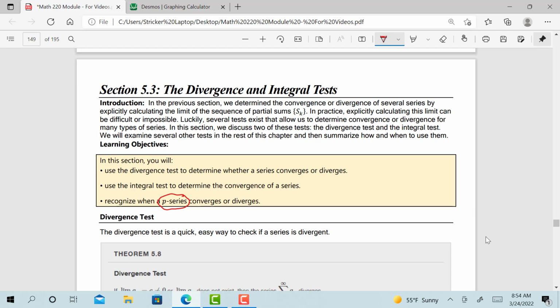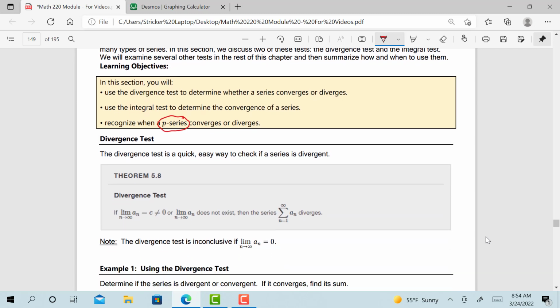So in this video, let's jump right into the divergence test, and we'll read what it says. In Theorem 5.8, the divergence test says: if the limit of a sub n as n approaches infinity is equal to c, where c is some constant, and that constant is not equal to 0, that's important.